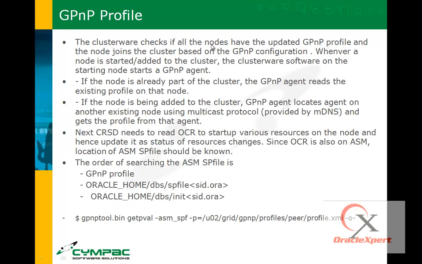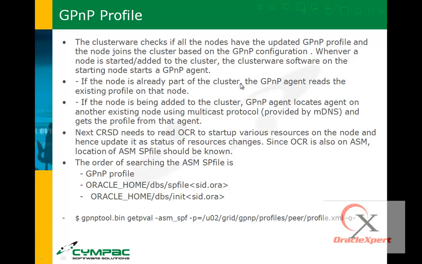The clusterware checks if all the nodes have the updated Grid Plug and Play profile, and the node joins the cluster based on the GPnP configuration. Whenever a node is started or added to the cluster, the clusterware software on the starting node starts a GPnP agent.